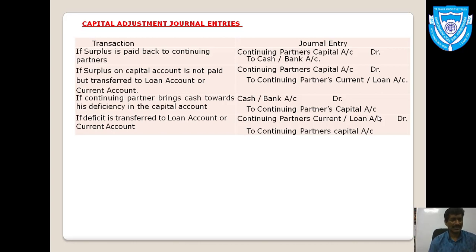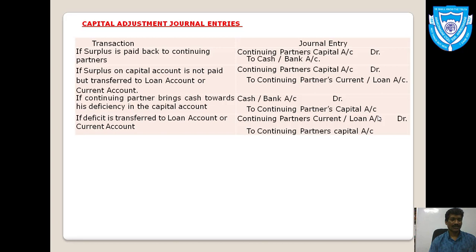In the second case, if surplus on capital is not paid in cash, but is transferred to the loan account or current account of the partner, in this case, continuing partner's capital account debit to continuing partner's current or loan account.